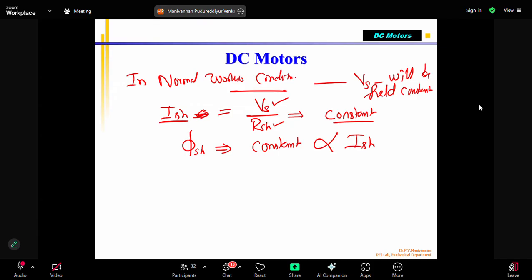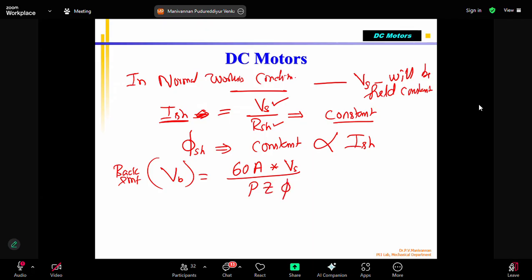Now we want to find out how much the back EMF generated, V back, will be. The back EMF is generated in the DC motor armature coil, because it is rotating. Back EMF generated in the armature coil only, VB, is proportional to this equation, 60A into VS divided by P into Z into phi.